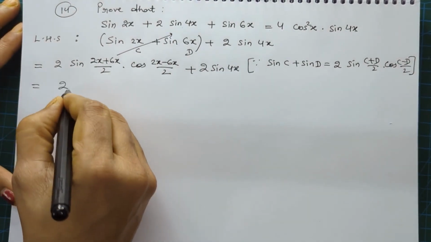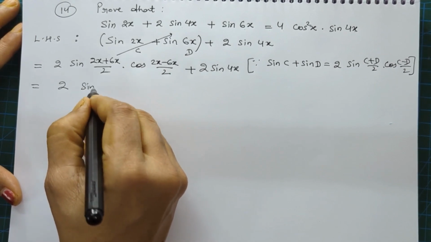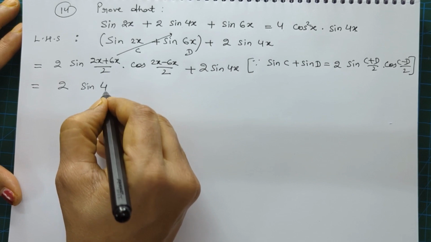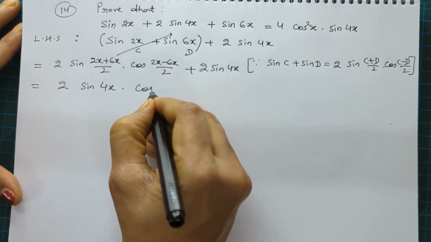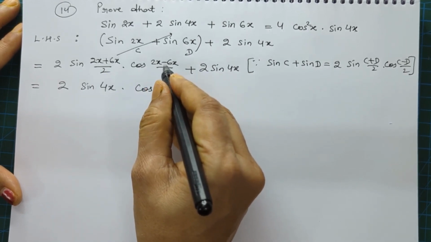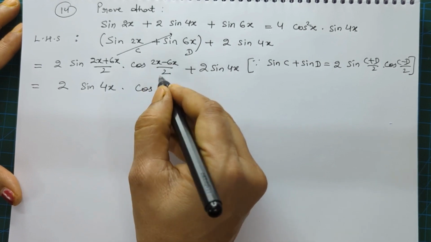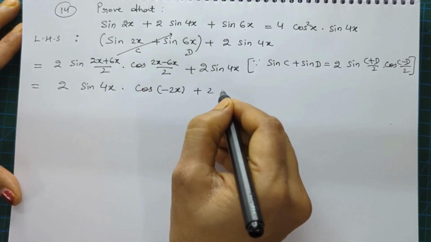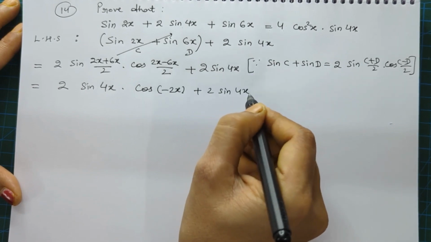The next step, twice sine: 2x plus 6x is 8x, 8x by 2 is 4x, cos: 2x minus 6x is negative 4x, negative 4x by 2 is negative 2x, plus 2 sine 4x.